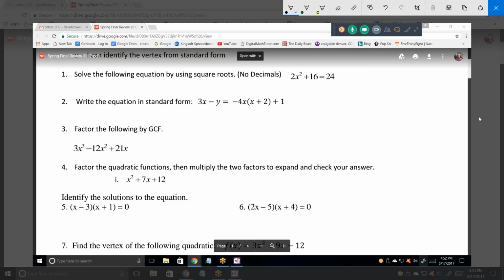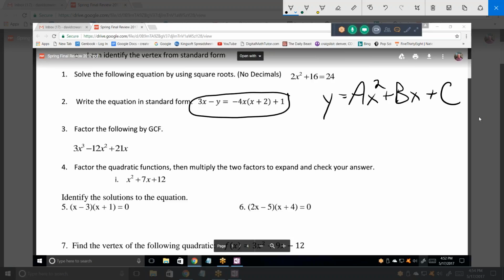Let's take a look at number 2. Now here they want us to write it in standard form. Okay. Well, here's what standard form is. Standard form is y equals ax squared plus bx plus c.